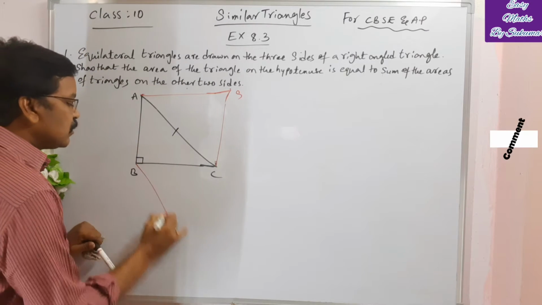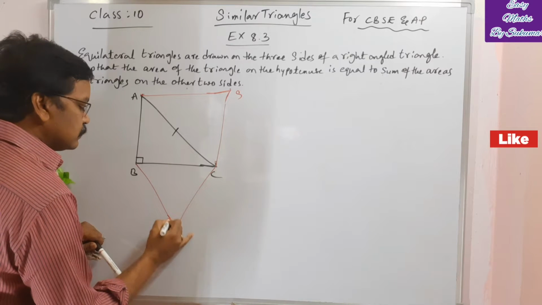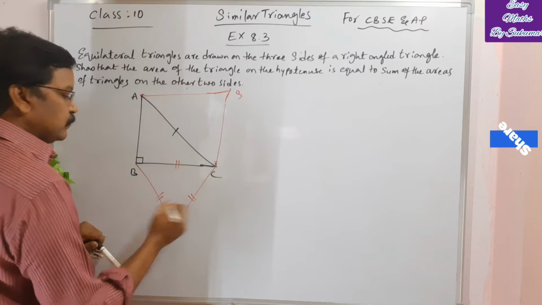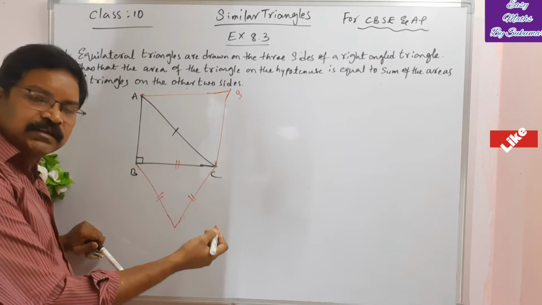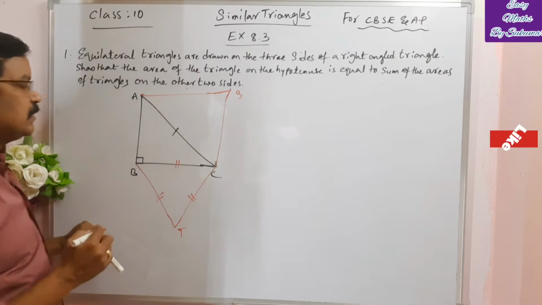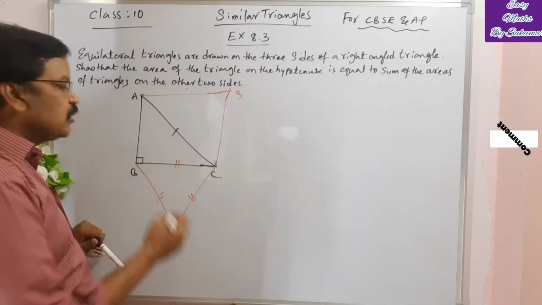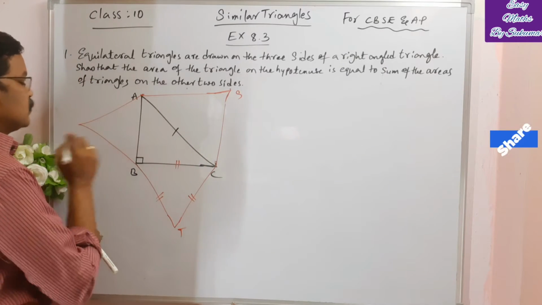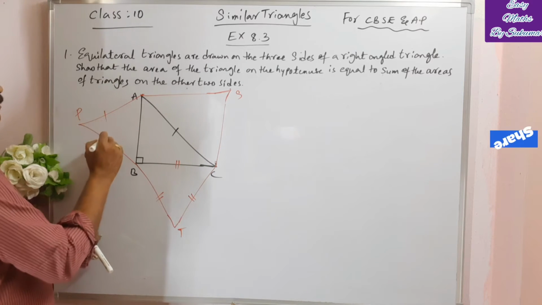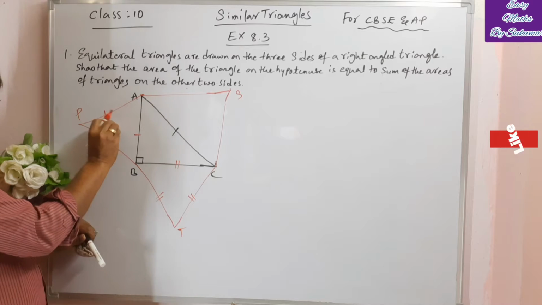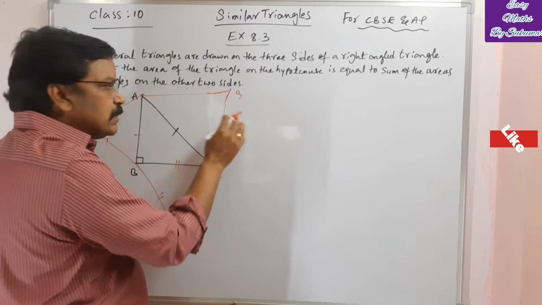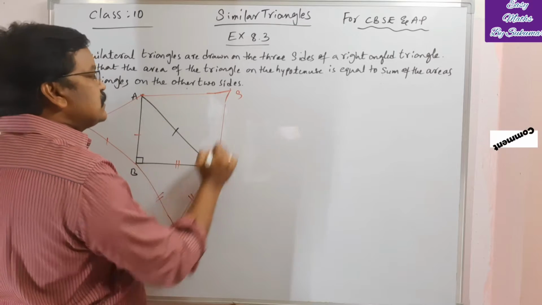Now this is another equilateral triangle drawn on the side BC, let it be T. Now we draw another equilateral triangle like this. This is P. Here this is an equilateral triangle APB. This is an equilateral triangle ACS.